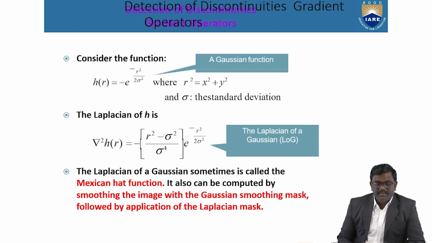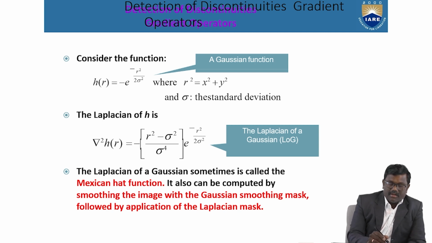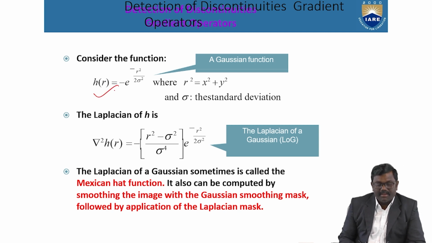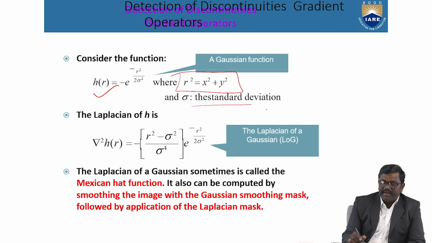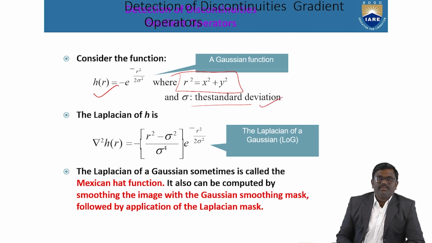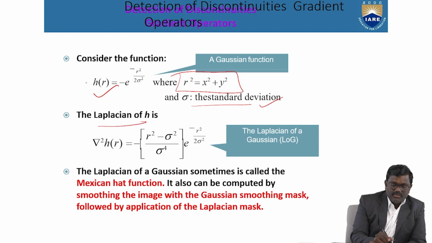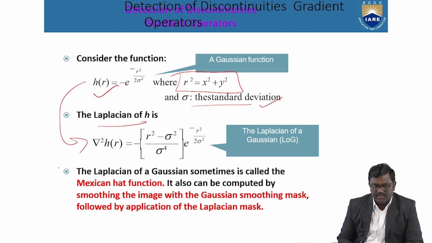So coming to the consideration of the function as a Gaussian function, we are introducing here h of r is equal to minus e to the power of minus r square by 2 sigma square, where r is the Cartesian coordinate of the values, and sigma is the standard deviation. So the Laplacian of h is del square h of r, that means you are keeping your h in the Laplace equation, but in terms of gradient operation we'll get this.